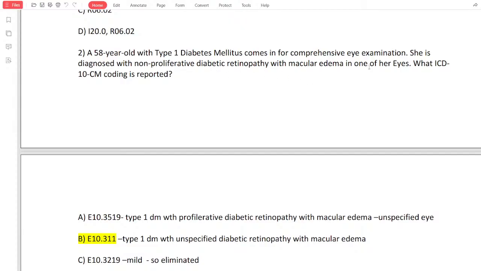One of her eyes, okay, they have mentioned only macular edema in one of her eyes, not the right eye or the left eye. So it is an unspecified site. That is why the correct answer is E10.31, because E10.31 describes type 1 diabetes mellitus with unspecified diabetic retinopathy with macular edema. Clear answer here.